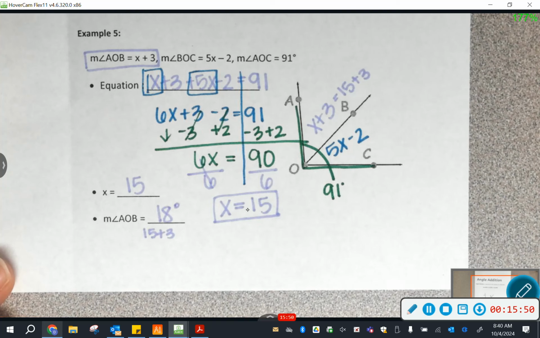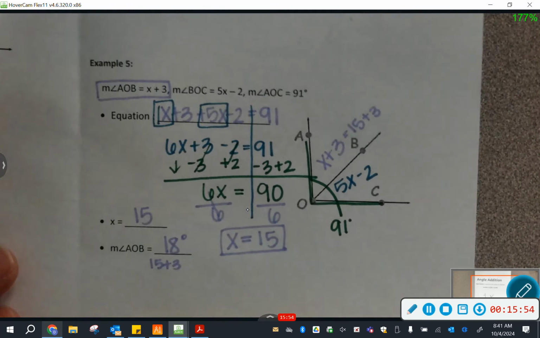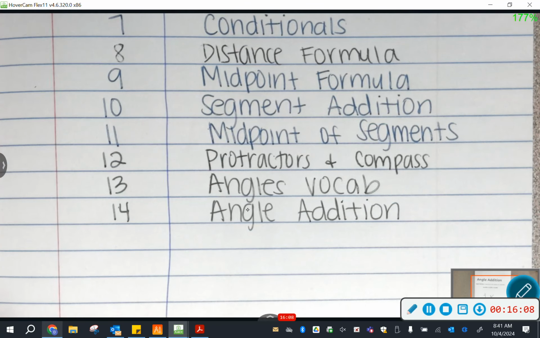All right. What you are doing now is, y'all listen, you should have glue around the room at your desk. You are going to add this to page 14, title it Angle Addition and glue it in.